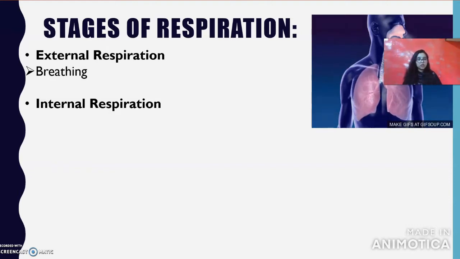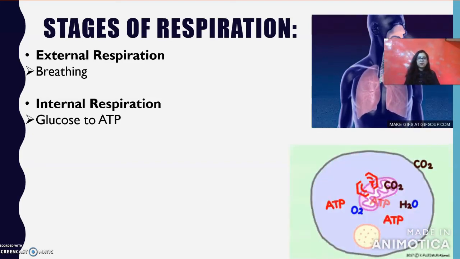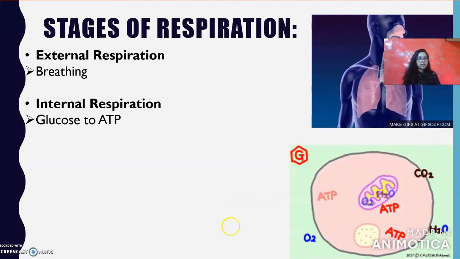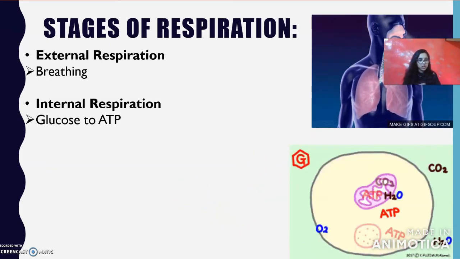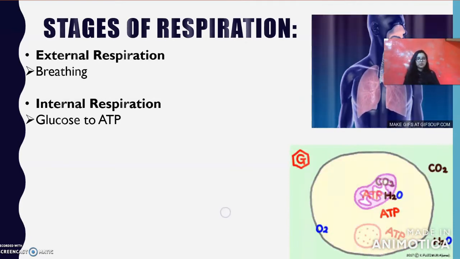The oxidation of food, that means glucose, will be done and ATP, water and CO2 will be released. That is internal respiration. So how many stages of respiration are there? There are two stages. First is external respiration, that is breathing, and second is internal respiration, that is glucose to ATP. Here you can see that the cell is taking oxygen and releasing carbon dioxide, water and ATP.